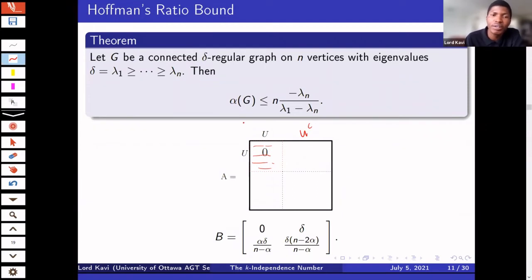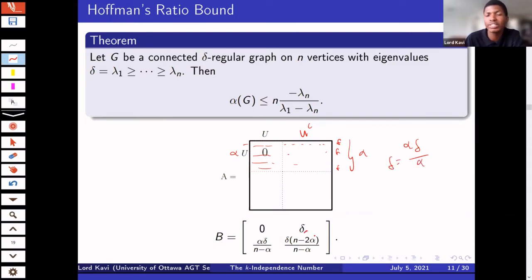Now this graph is delta-regular, so there are delta ones on each row over here, and let me call this alpha, so there are alpha rows over here. Each row has delta, and there are alpha of them. If we take the average row sum, we have alpha delta over the total number of rows alpha, which gives us delta.